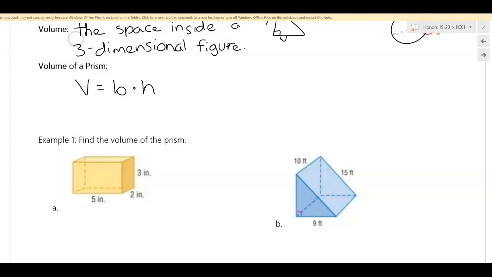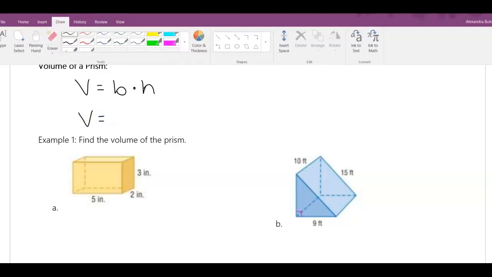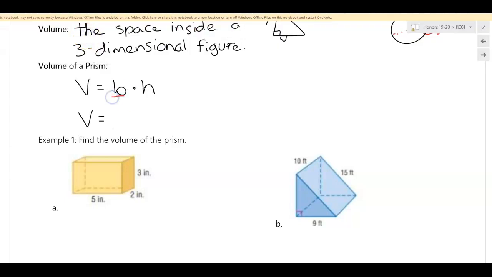If it's rectangular, this base is the length times the width. And then times the height.